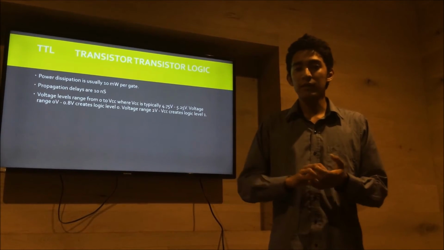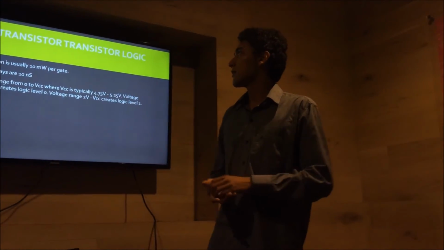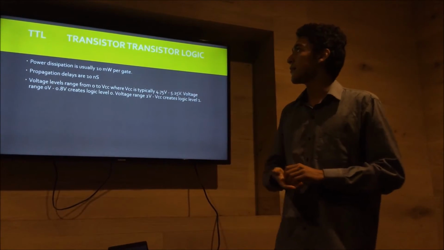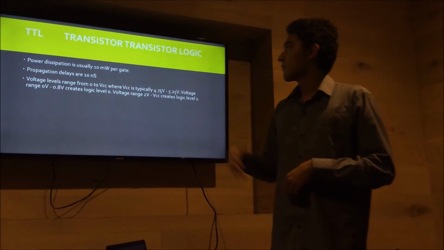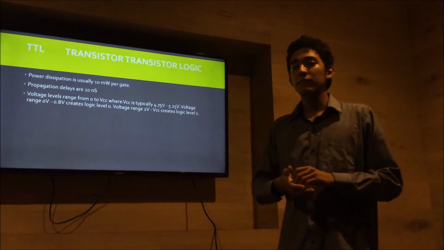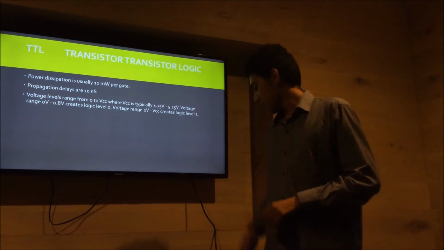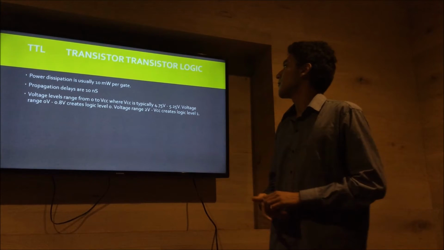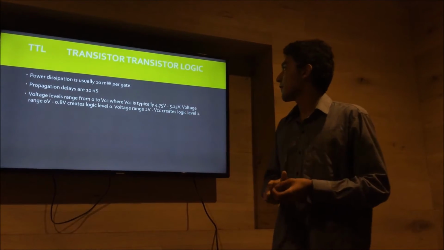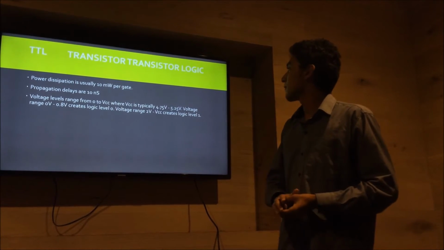So the logic inside is based on transistors, and its characteristics are: power dissipation is usually 10 milliwatts per gate, and the propagation delays are in the range of 10 nanoseconds. The voltage level ranges from 0 to VCC, where VCC is typically 4.75 to 5.25 volts.